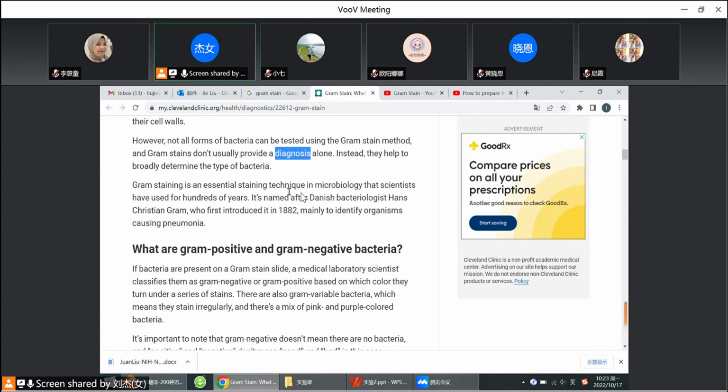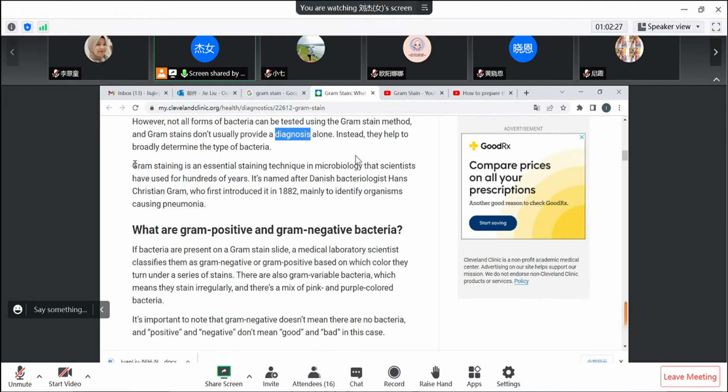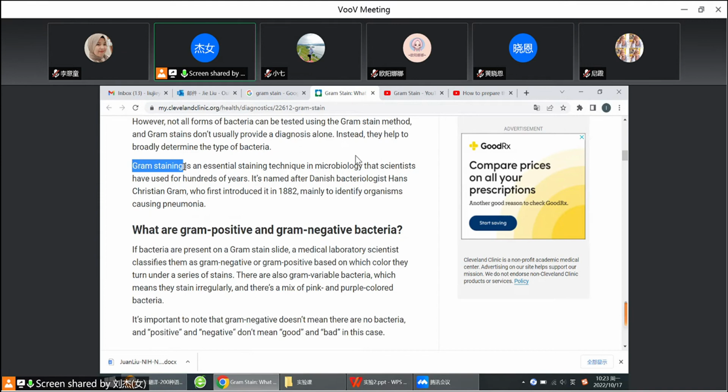Okay, and then gram staining is very essential. Essential means important. It's really essential, important, and popular staining technique in microbiology.